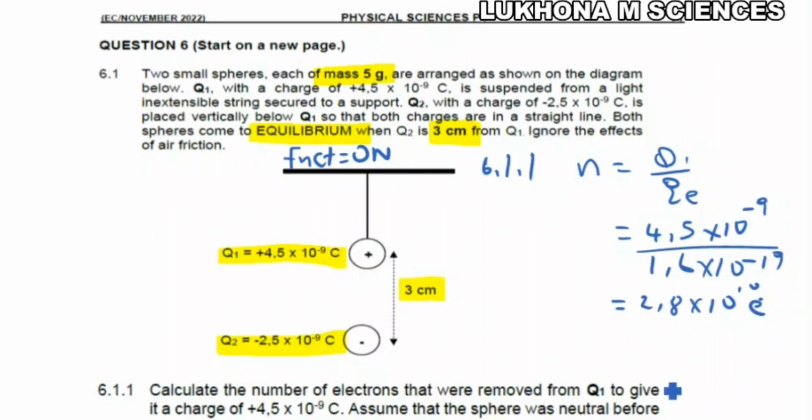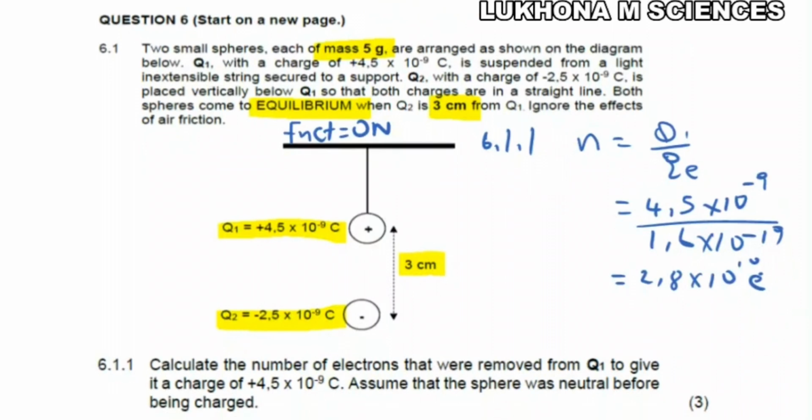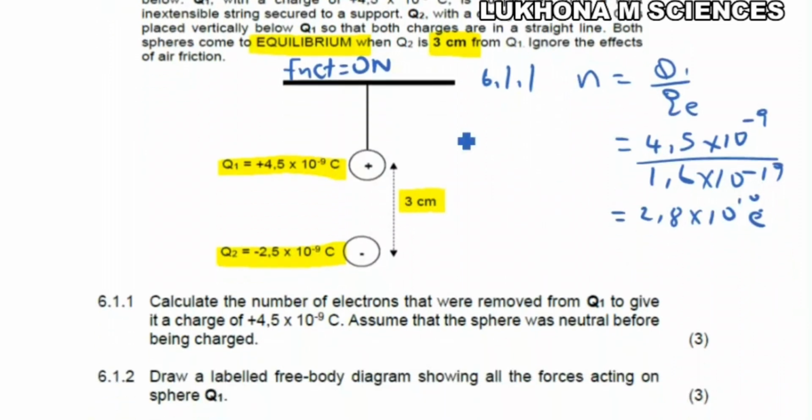Then the following question says draw a labeled free body diagram. Since this one is positive and that one negative, there is a force of attraction. So we have the electrostatic force between 1 and 2. Then this one also has Fg. It also has a what? A tension.